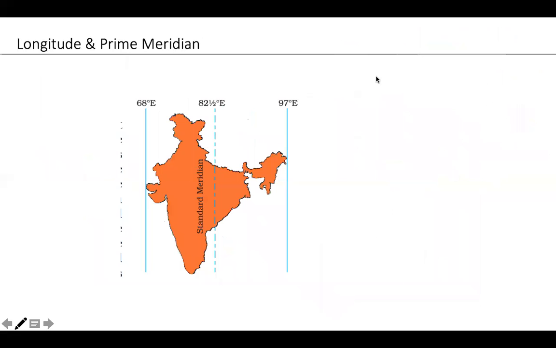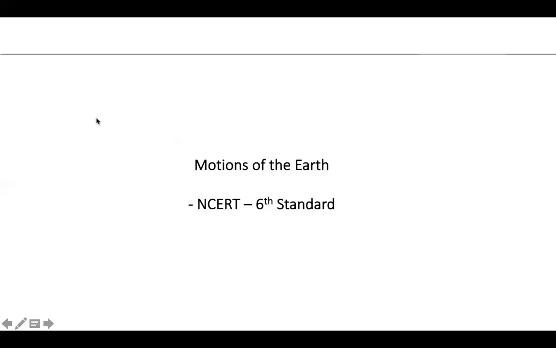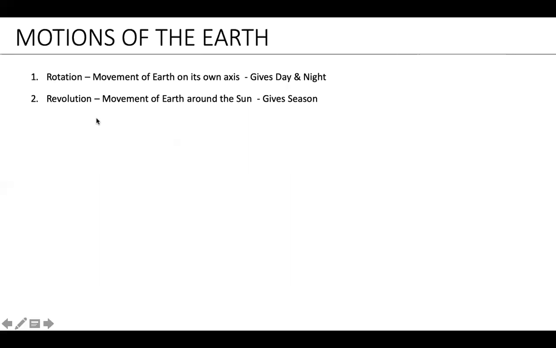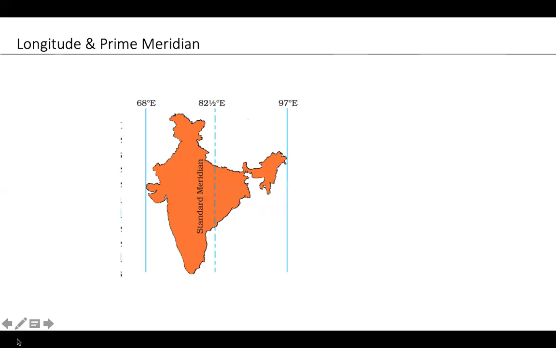So let us see India. See here, the longitude point here is 68. So here it's 68. This is the longitude point. Here it is 82.5 and 97. What we said is 1 degree will vary by 4 minutes. Let's see here, 97 and 68.